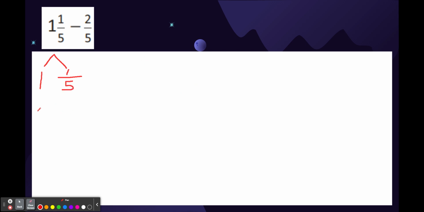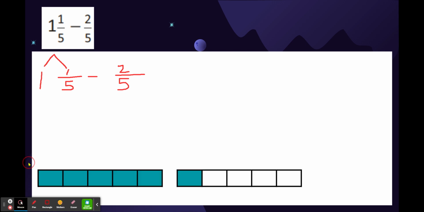So that would give me 1 whole and 1/5 minus 2/5. Now I can take this whole and I can divide it into 5 equal pieces. So this is going to give me 5/5 and 1/5.